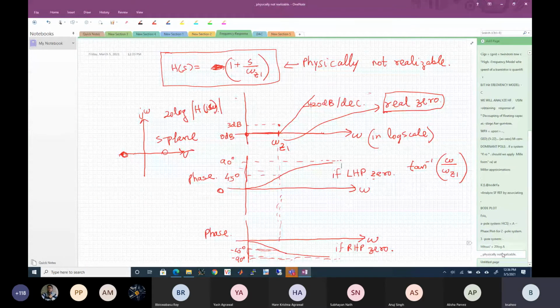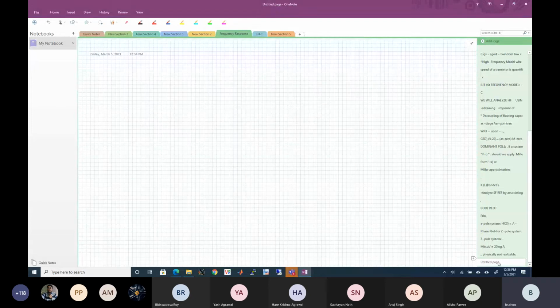So now, let's say I give you a Bode plot like this.